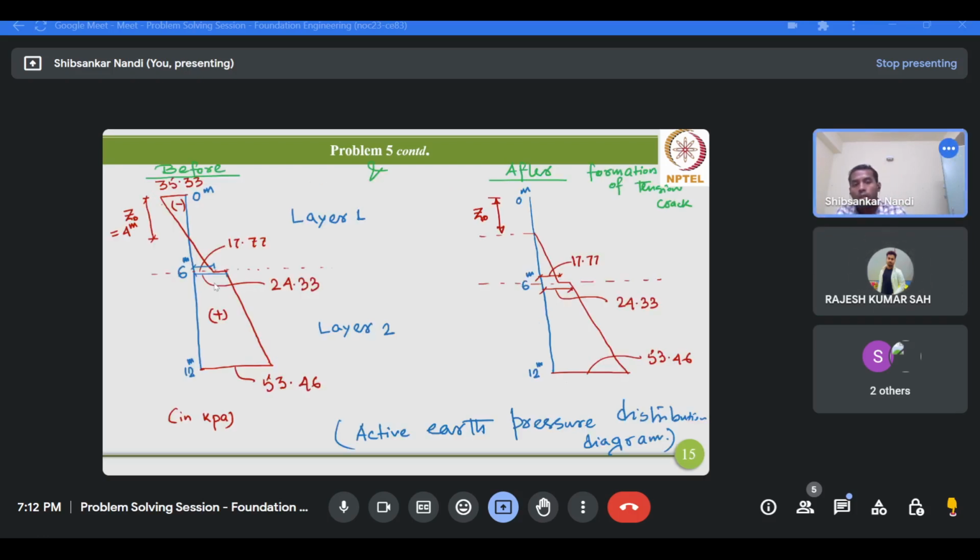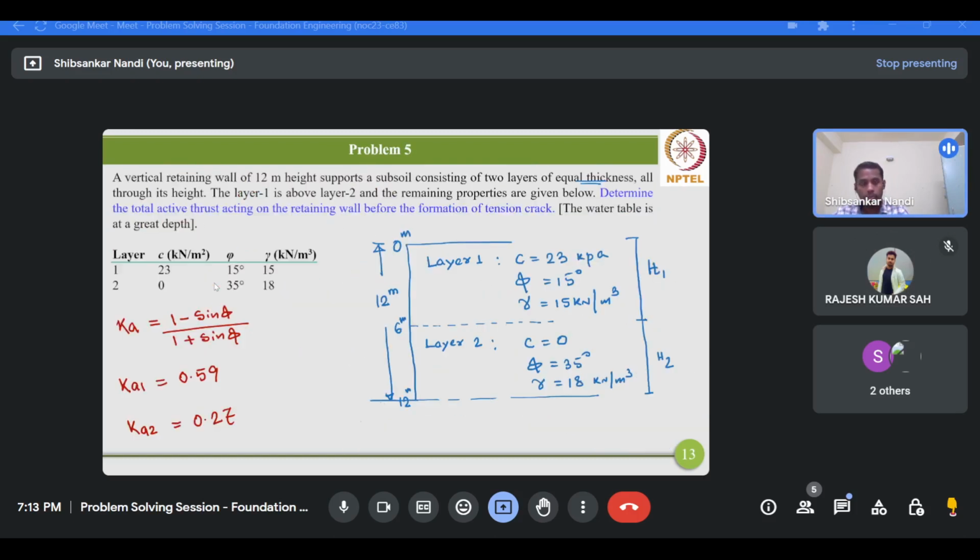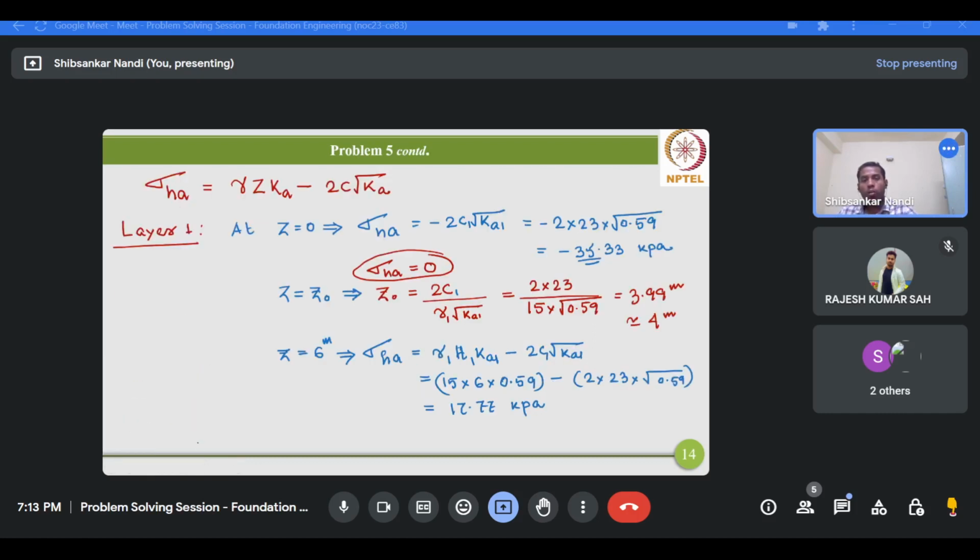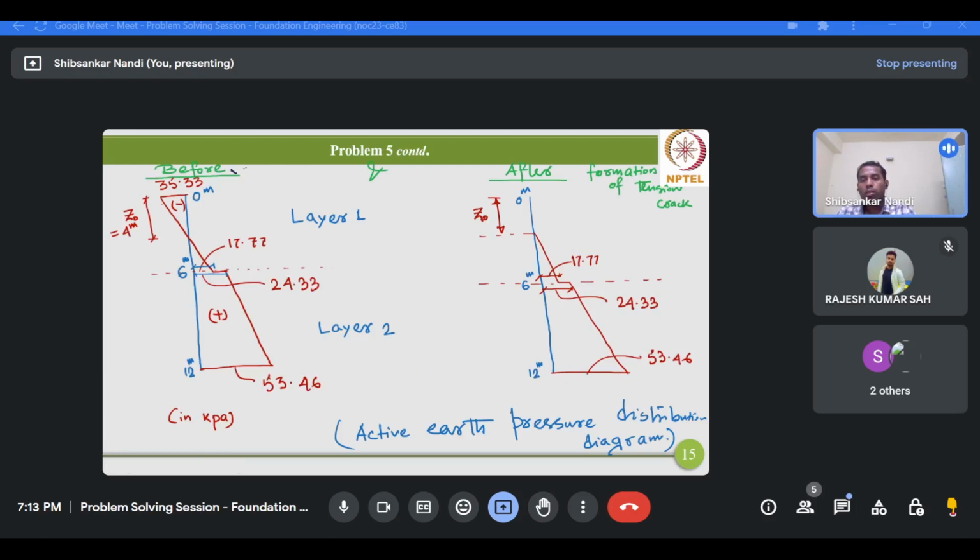So these are the two diagrams considering the formation of tension crack, that is before and after the formation of tension crack. Now, as far as the problem is concerned, we have to determine the total active thrust acting on the retaining wall before the formation of tension crack. So for this problem, we'll be concerned with this diagram, and we have to calculate the total resultant active thrust.